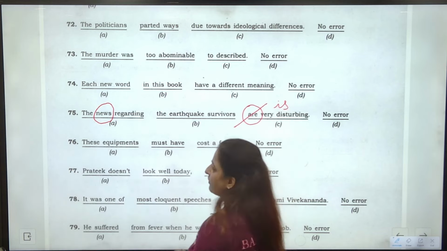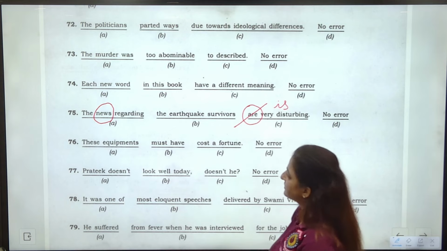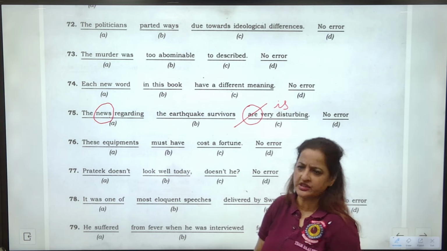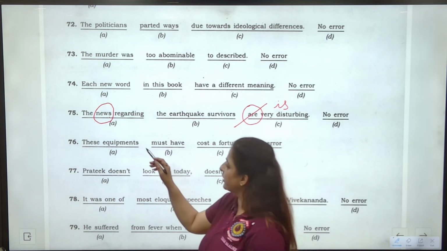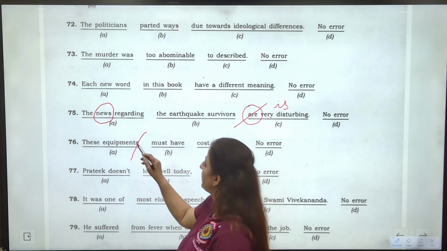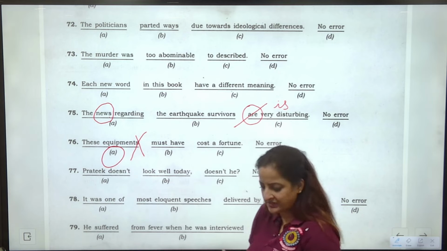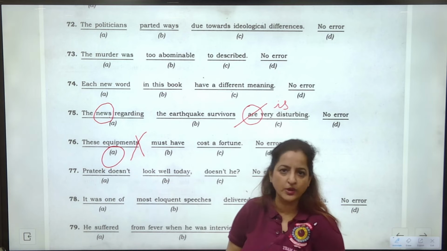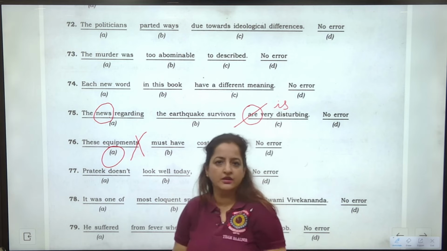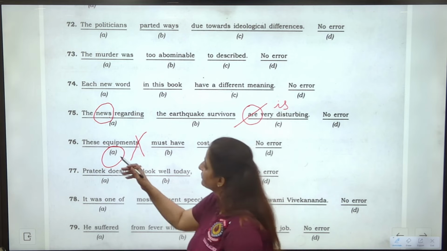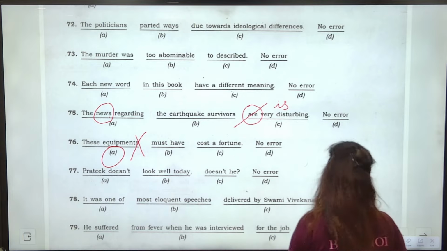News takes a singular verb, so some nouns look plural but their meaning is singular, so they take a singular verb. And we never say equipments, by the way. Equipment होता है, remove the s, A part has an error. Uncountable nouns, equipment is an uncountable noun, it's just a term, right? All things come under, it's a collection of whatever equipment. So A part has an error, remove the s.